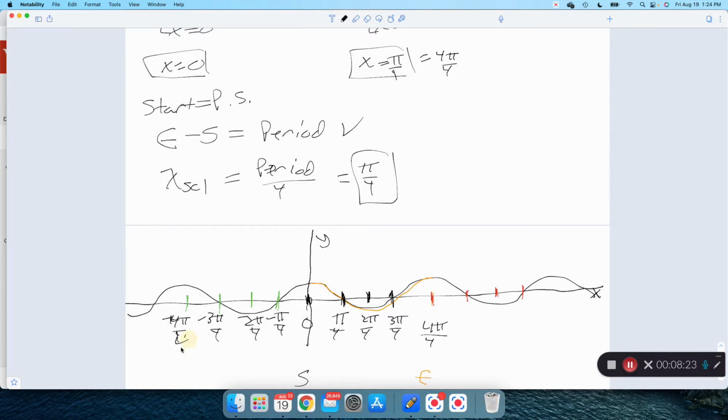And I could keep labeling forever if I wanted to, but I'm pretty content as long as I label one complete cycle on either side of the y-axis. But if you want to keep going, we could. I could say here 5 pi over 4, 6 pi over 4, 7 pi over 4. I could just keep going if I wanted to. And that's a good place to stop.